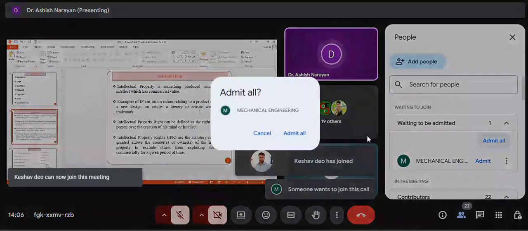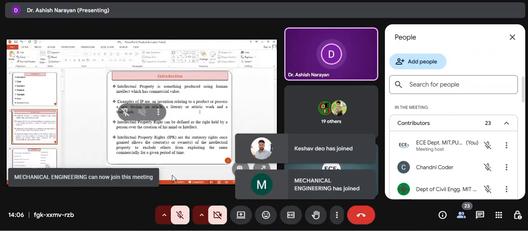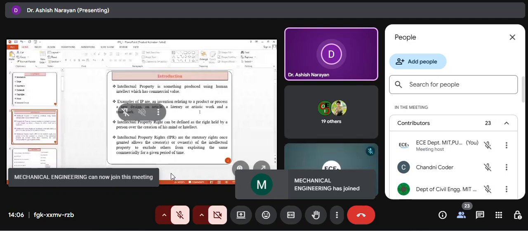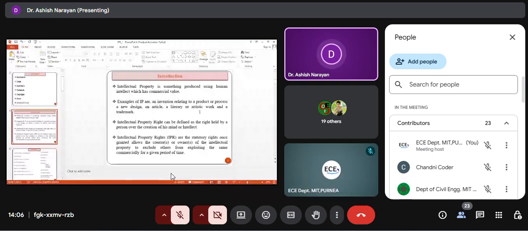So then the examples of IPR, intellectual property, are an invention related to a product or process, a new design, an article, a literature or artistic work, and a trademark.